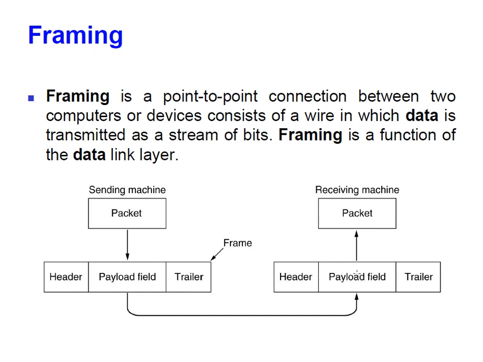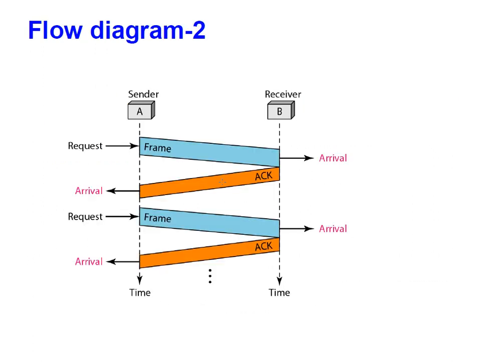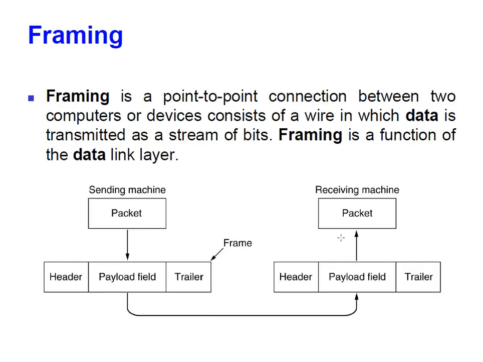If an error exists, the receiver asks the sender to resend that particular frame. So that's why there is an acknowledgement. If the frame has an error, the receiver asks for a resend of that frame. That is how the flow control procedure works.